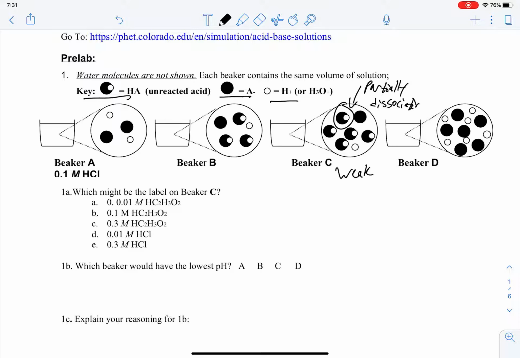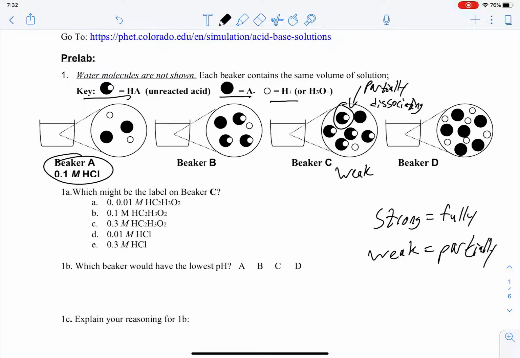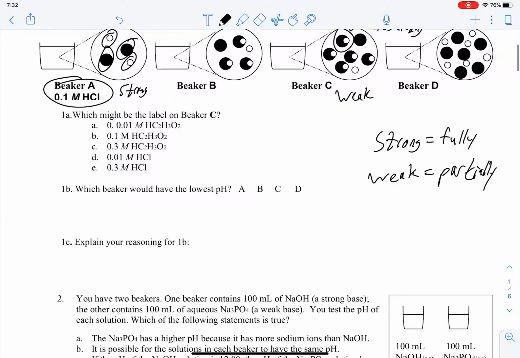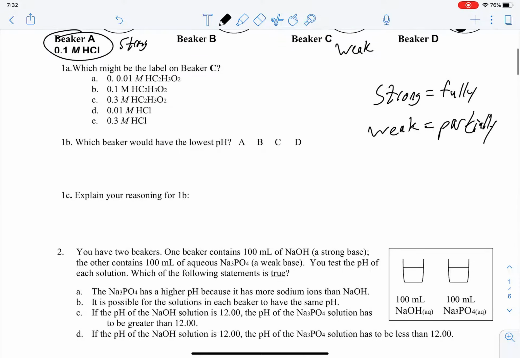Remember, a strong acid fully dissociates, while weak acids only partially do. If we look at beaker A, the two molecules in there have completely dissociated, so this one's probably a strong acid. You can do that for all of them, making inferences about which are strong acids and which are weak acids. That'll help you answer questions 1A, B, and C.